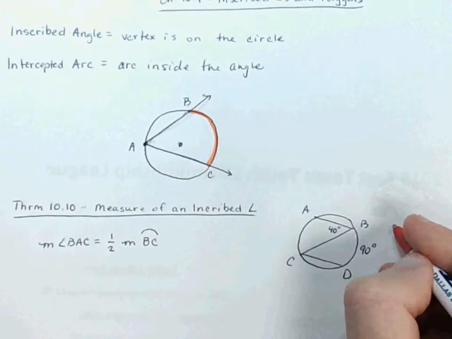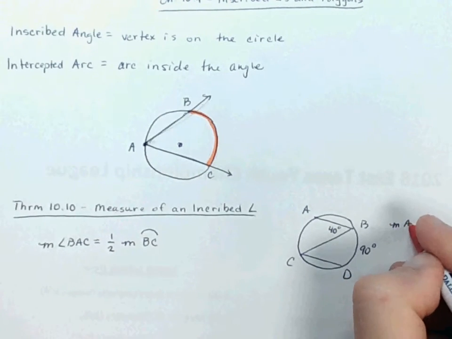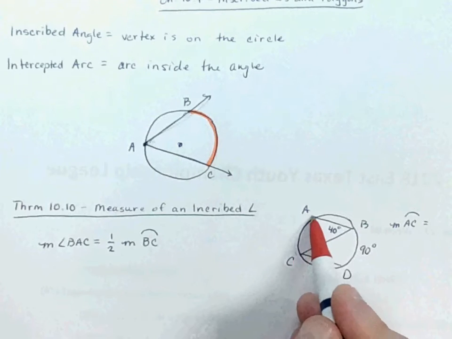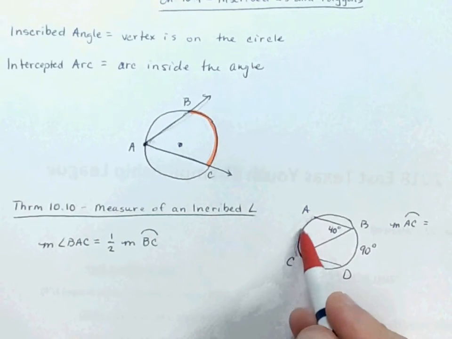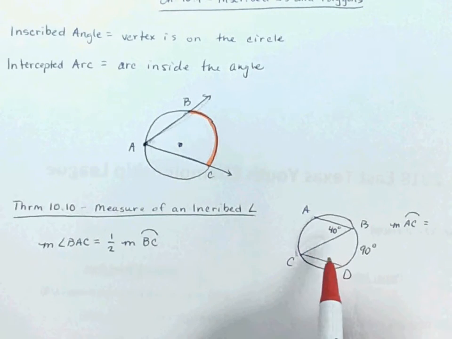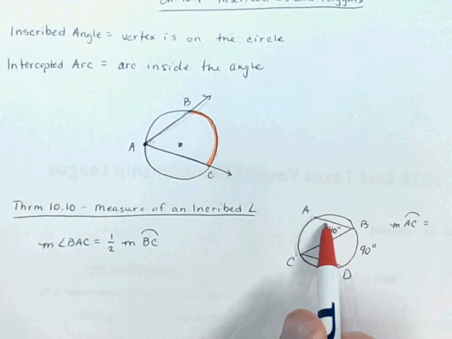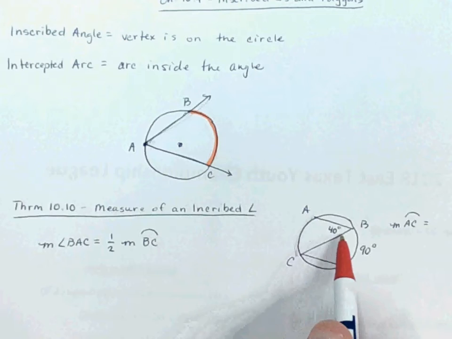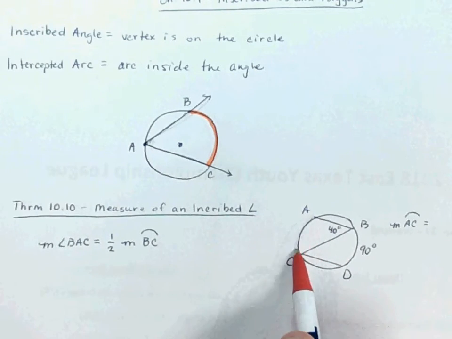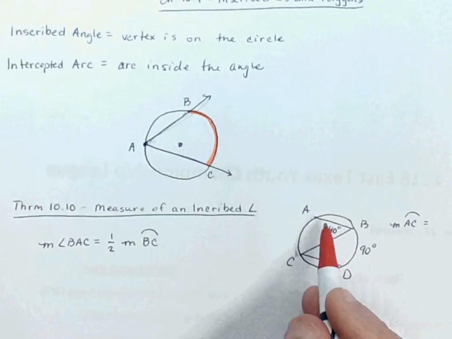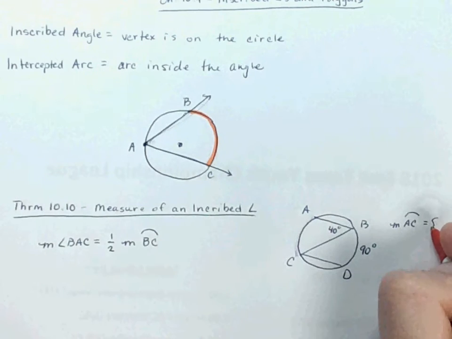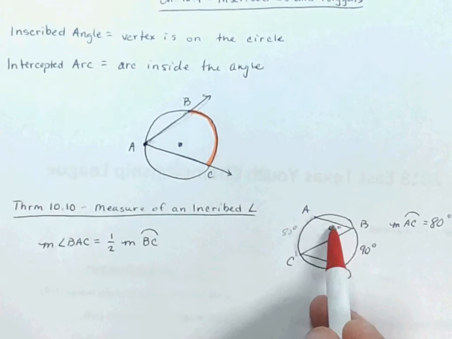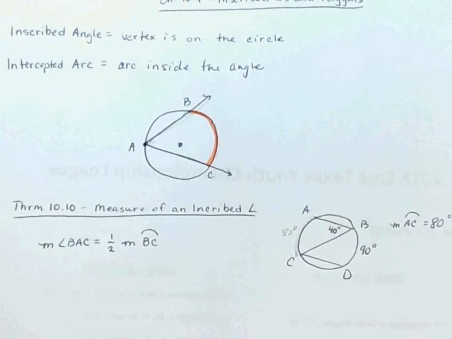What we want to do first is find the measure of arc AC. We're going to look at its inscribed angle, which is 40 degrees. And what do we know about this angle compared to that arc? This is half of our arc. So that means our arc is going to have to be 80 degrees, because it would be twice as much as the angle.